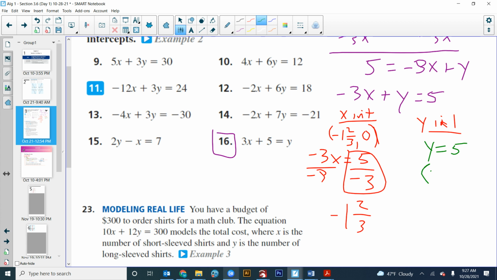So there's my y-intercept. 0 goes in for x. Graphing this, if I would graph this, what it said to do, -1 2/3 for my x-intercept. Here's -1, -2. That'd be about right there. And then go up to 5 here. So that one should have been graphed, look like something like that. Okay?